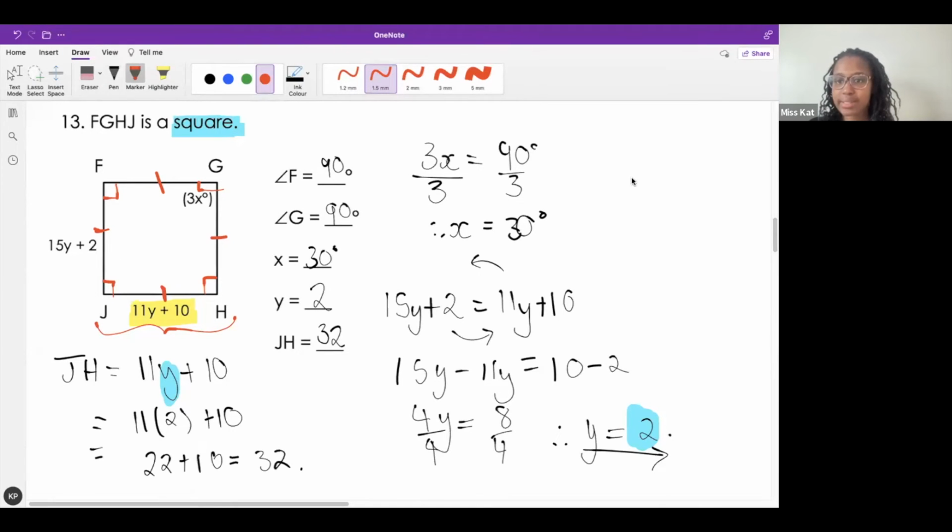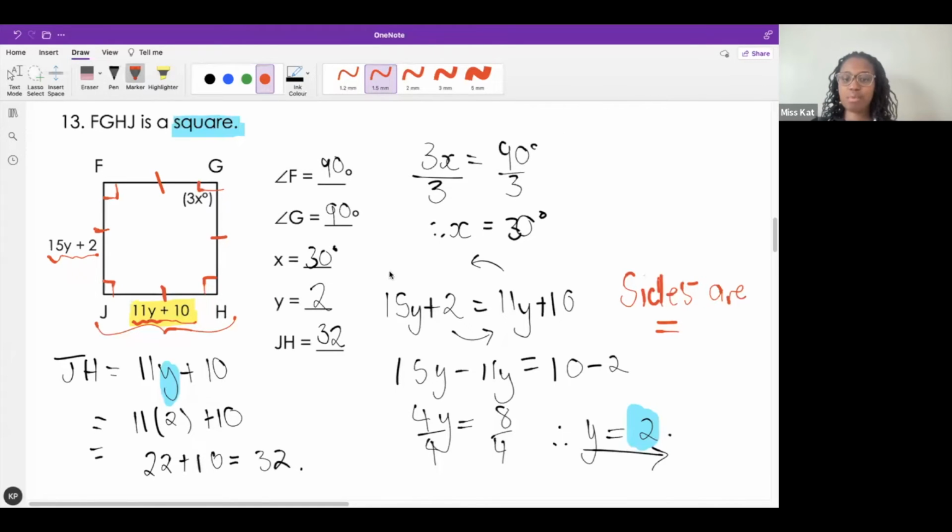Zianda said, ma'am, where did you get the 2? We got it from the sides being equal, right? So then we went and said 15y plus 2 equals 11y plus 10.